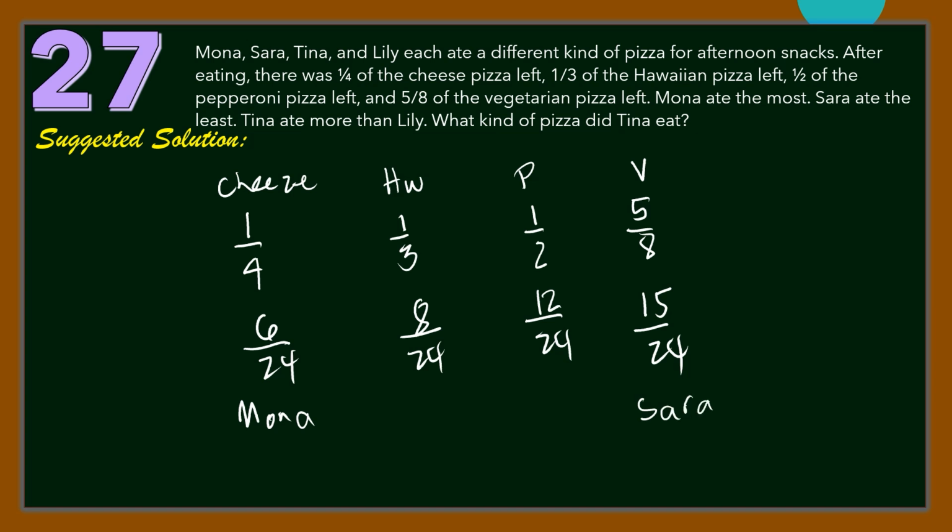Tina ate more than Lily. Since there is more pepperoni pizza left than Hawaiian, then it was Tina who ate the Hawaiian pizza and Lily ate the pepperoni. What kind of pizza did Tina eat? Then it's Hawaiian pizza.